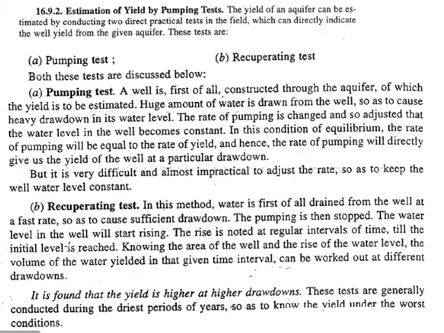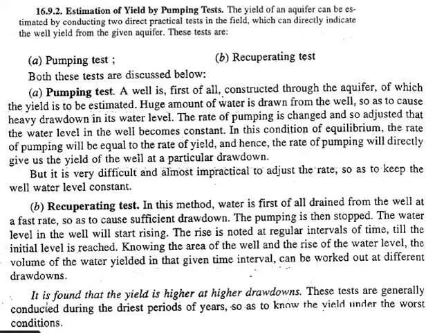If we know the time, then we can determine the rate by which the water has filled that well again. If we know the area of the well and the rise of the water table, then we can determine the volume of water yielded in that given time interval, and at that given drawdown. By working this out, we can determine the yield by this method.